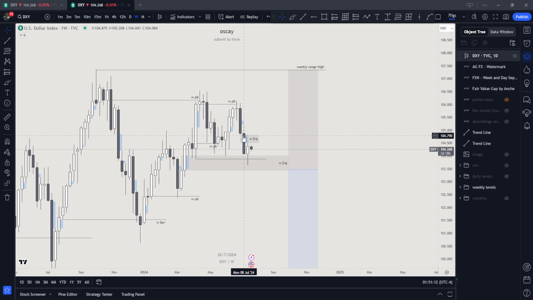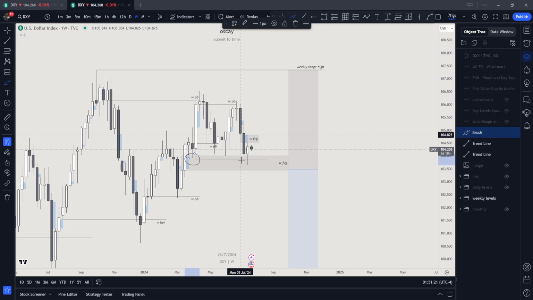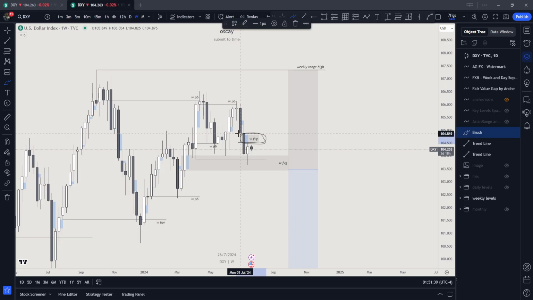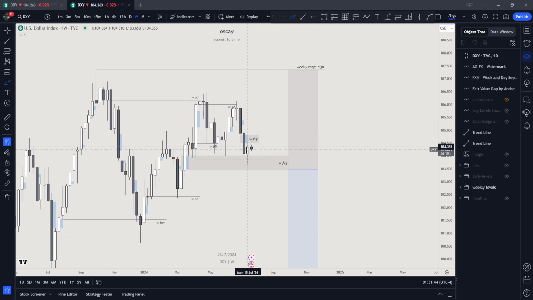And this drop down, does it look with intent? Right here it looks with intent, right here it looks with intent. But this candle closure, this reaction on this block, on this low inside the weekly fair value gap, is telling us there is something going on. Because if we were respecting this weekly propulsion block to go down from, we would not react like this. And that is why our new targets are this weekly fair value gap, and then on the lower time frames to see reactions on that weekly fair value gap.